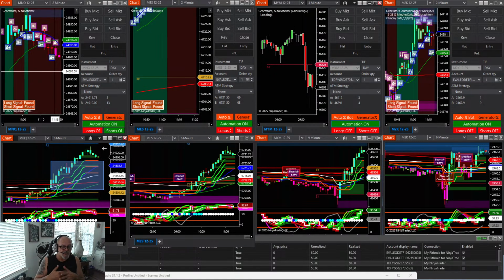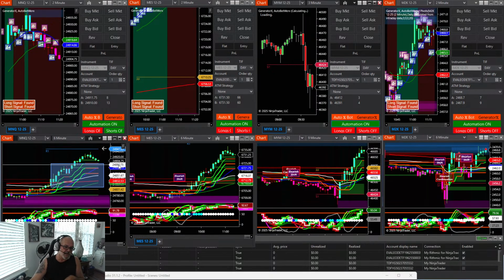We did get really close to this pivot point here on the NQ. Typically, I don't like to go short until we tap it and push off of it.